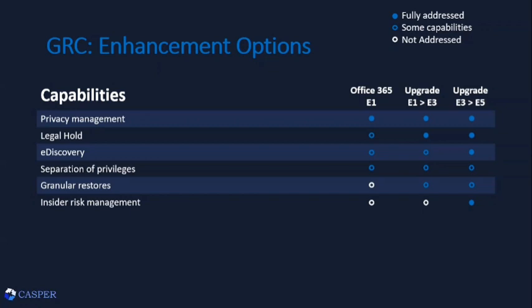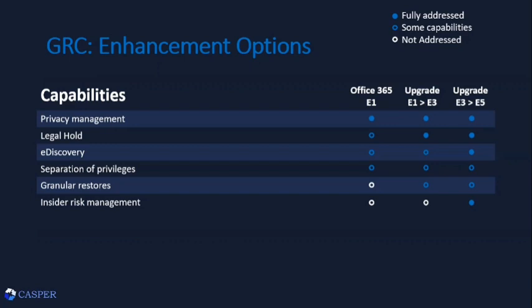I don't have the exact breakdown here. This is not really an Office 365 presentation. I just needed to bring out certain things from a data protection perspective, but we'll be open to sharing all of that with you later. But there are differences in the features.